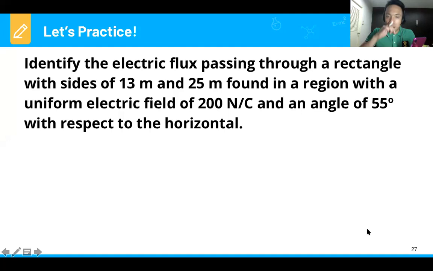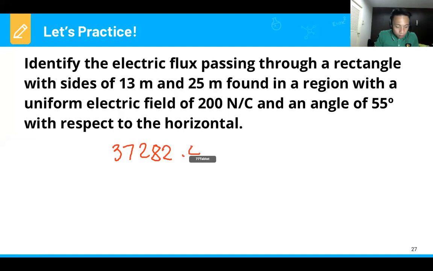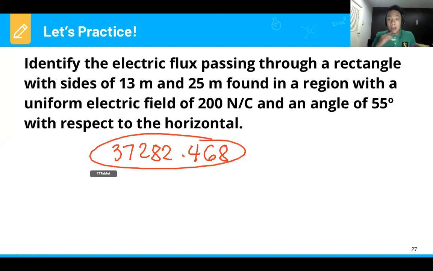Okay, focus. So the answer here I got is 37282.468. Marami pang number, so ito yung pinaka rounded off na niya. Okay?